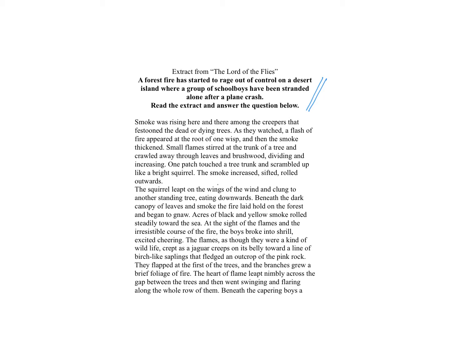The smoke increased, sifted, rolled outwards. The squirrel leapt on the wings of the wind and clung to another standing tree, eating downwards. Beneath the dark canopy of leaves and smoke, the fire laid hold on the forest and began to gnaw. Acres of black and yellow smoke rolled steadily toward the sea.